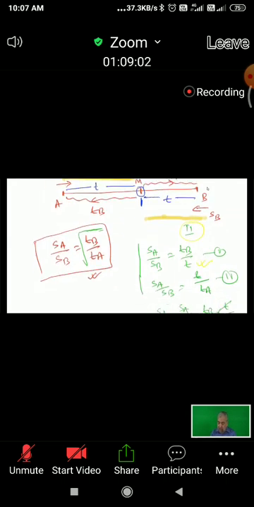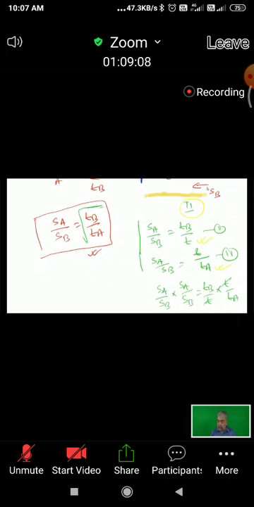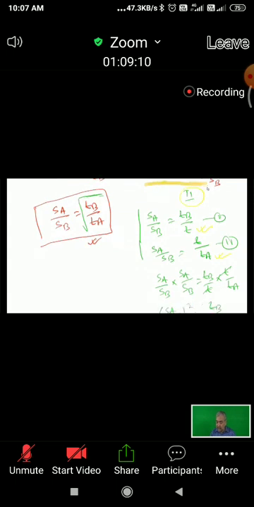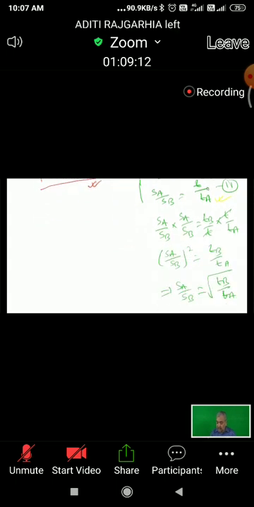So here I have written ratio of speed equal to inverse ratio of time, that is SA by SB equal to T by TA. Multiply left and right, and you will see that you have this relation: SA by SB equal to a square root of TB by TA. I hope you understand this now.